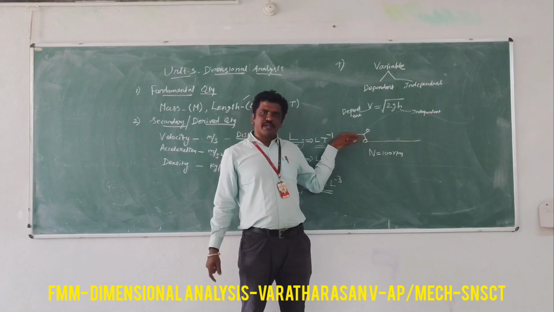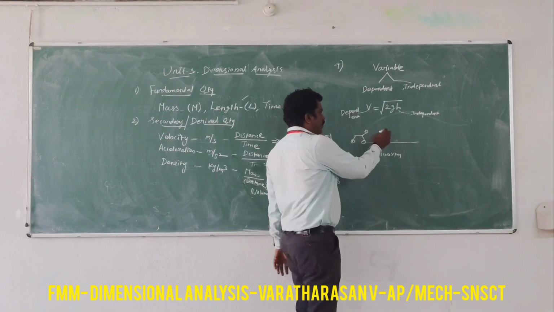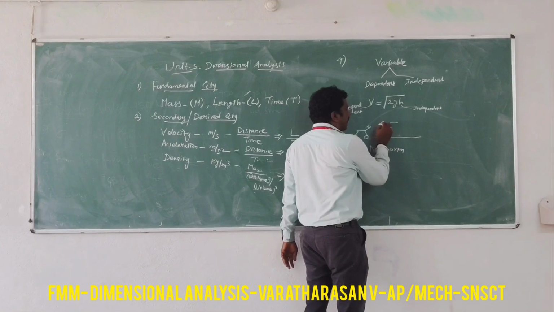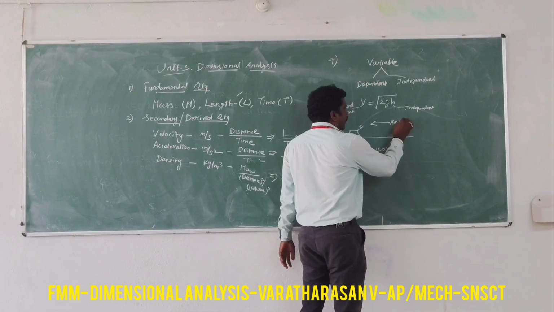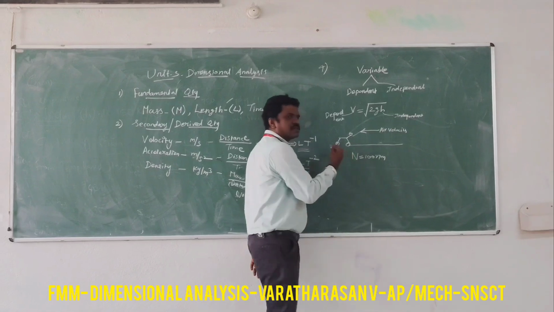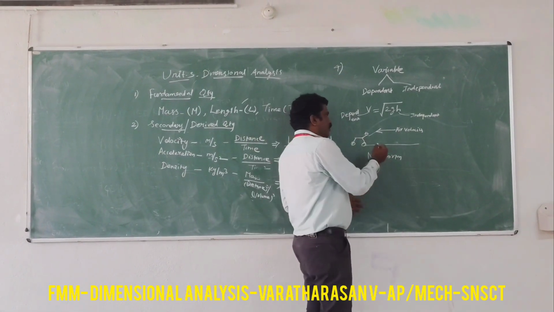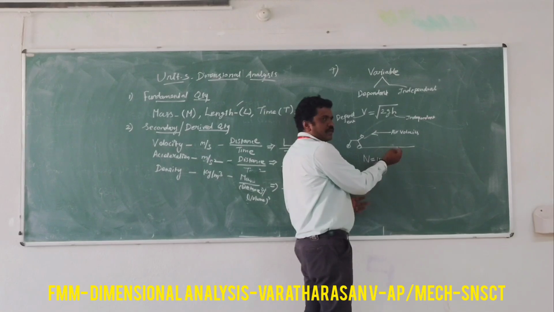So the vehicle will be moving on the road. What are the factors affecting the vehicle? The air velocity, am I right? So the velocity of air will be affecting the rider as well as the vehicle.